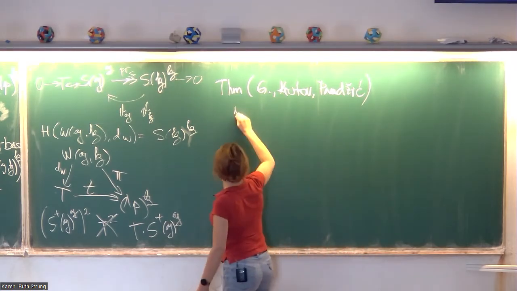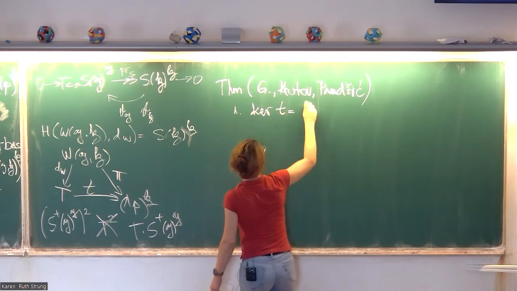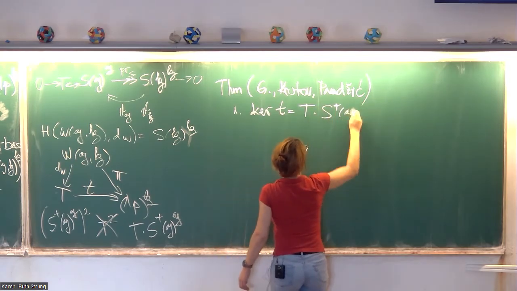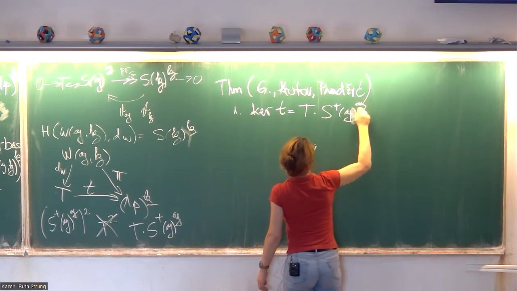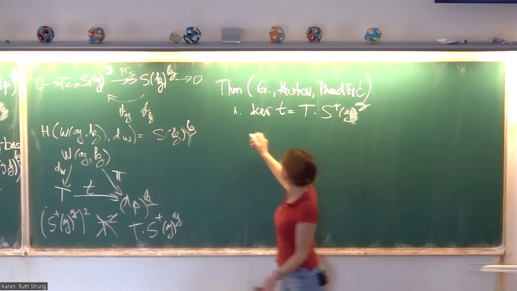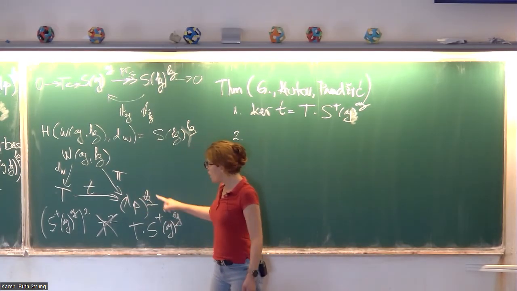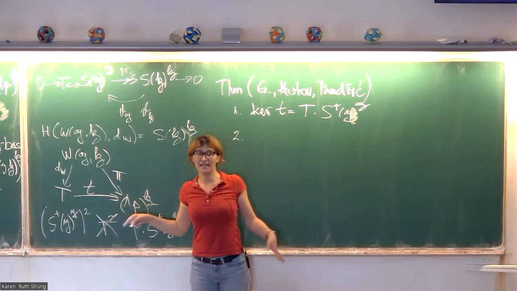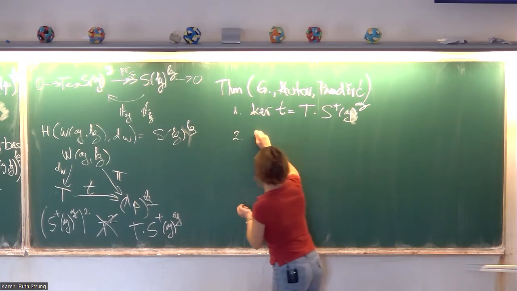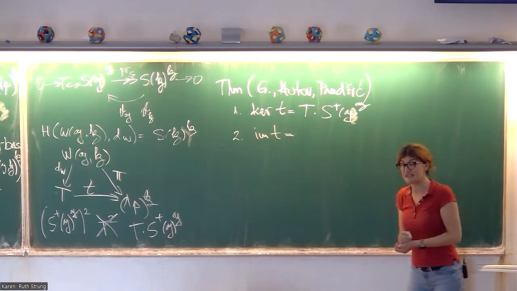So the first statement is that the kernel of the transgression is precisely this, and the other one is talking about the image. So we know that the image is over here, but actually it turns out to be a very special subset called the primitive subspace.